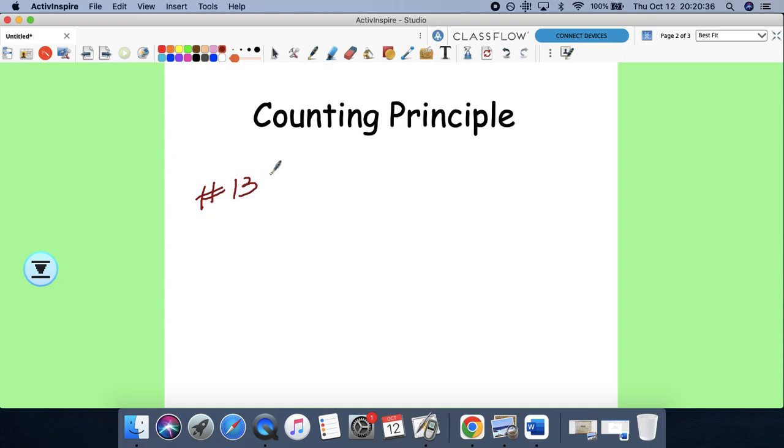Number 13. So this one is a permutation because order does matter. When they're competing for gold, silver, and bronze medals, how many different ways can they place? So we have 5 swimmers, and we want to know in 3 different positions how many ways can 5 swimmers come in.